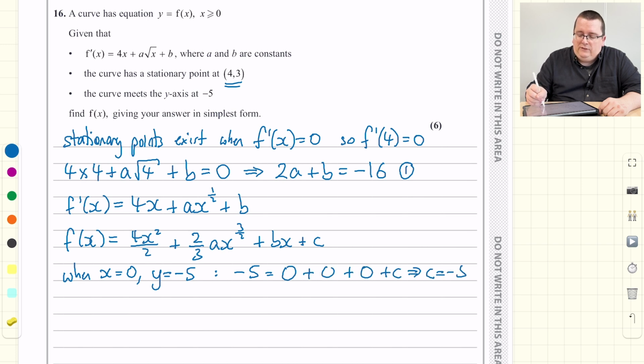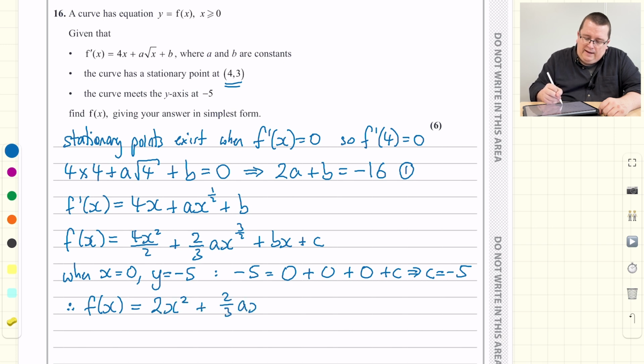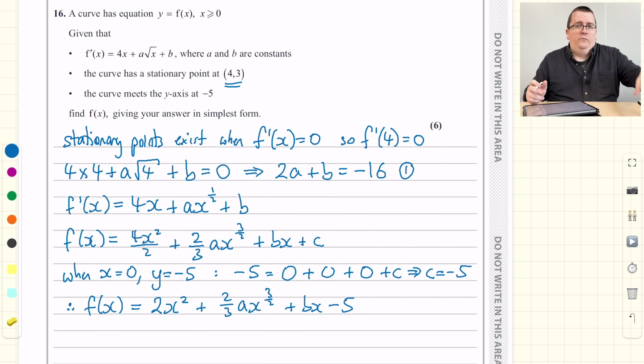So c is clearly negative 5. So we've got f of x is 2x squared plus 2/3 ax to the 3 halves plus bx, take away 5. Now, we still know that the curve goes through 4, 3.